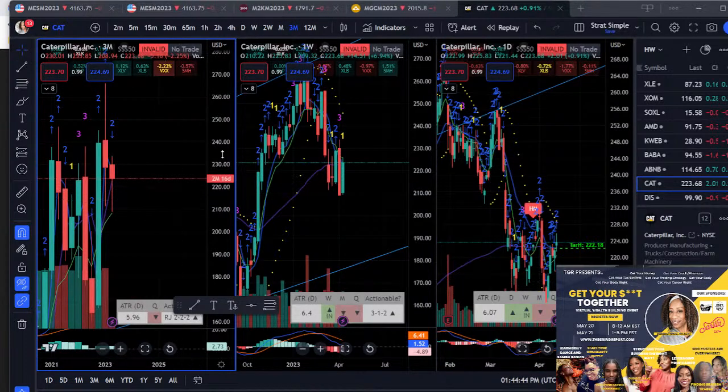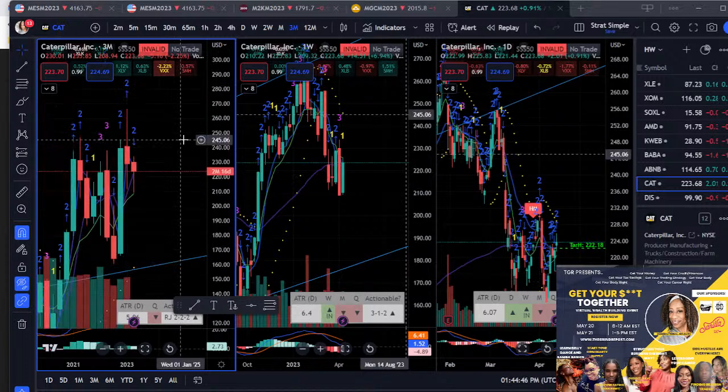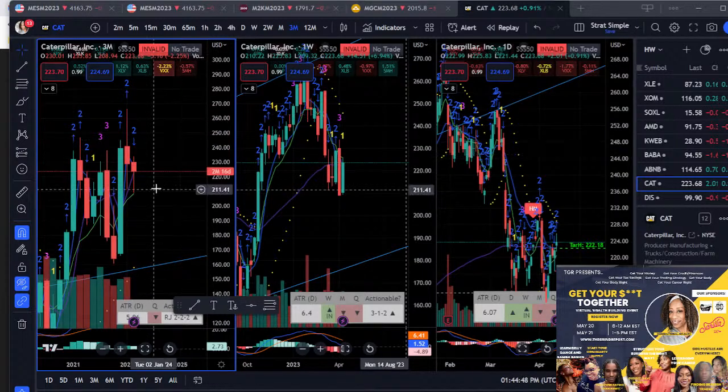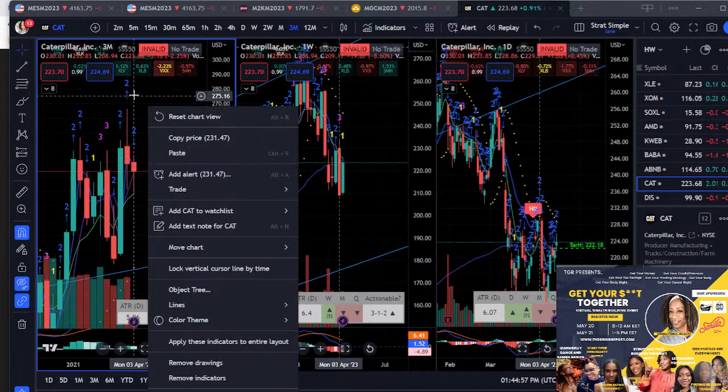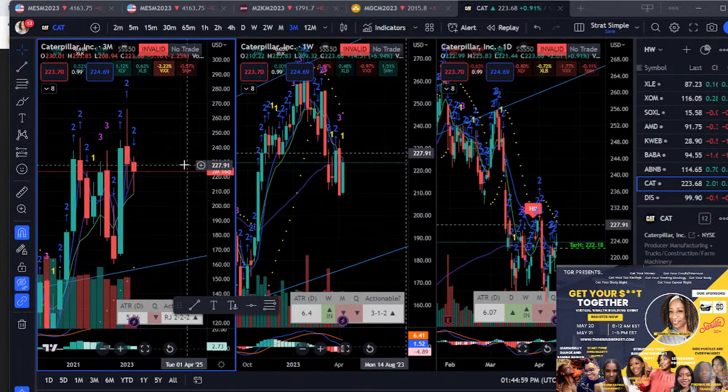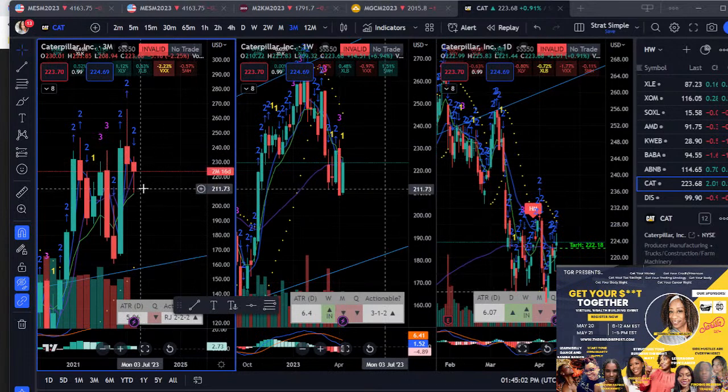So cats, we were looking at, because it is really close to triggering the quarter, and it did, but then it came right back in. So I'm looking to see if that was just a TTO for it to actually move, or if this is going to really come back up.